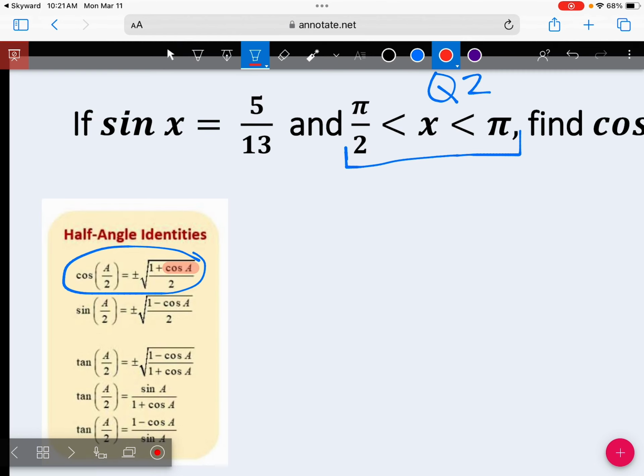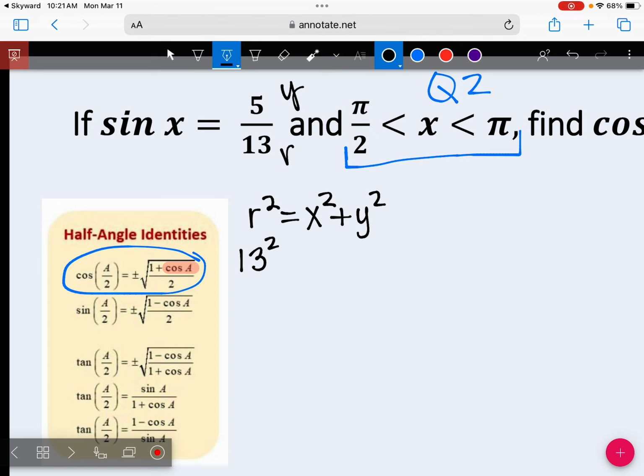So we need to do our Pythagorean theorem, knowing that sine is y over r. We would have to find x. So if you do r squared equals x squared plus y squared, and this is a Pythagorean triple, so I'm going to go pretty fast through this.